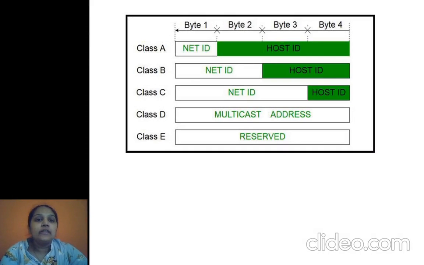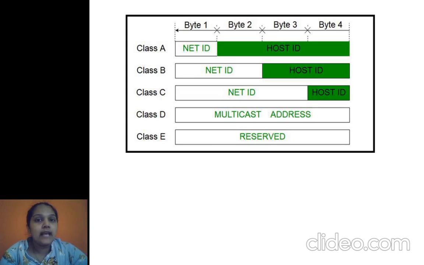In this diagram, we have 5 classes and the address can be divided into 4 bytes. Each byte contains 8 bits, you know that, so 4 times 8 is 32. So 32-bit calculation is done in this diagram. Class A has net ID of only 1 byte and all other bytes are host ID. In class B, 2 bytes are used for net ID.